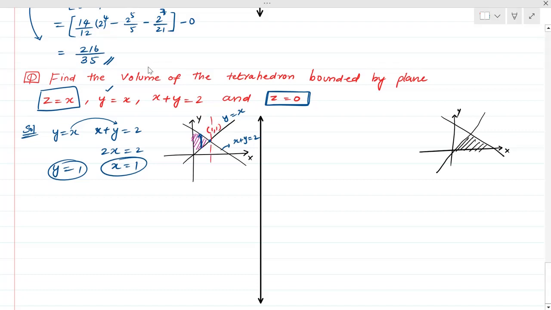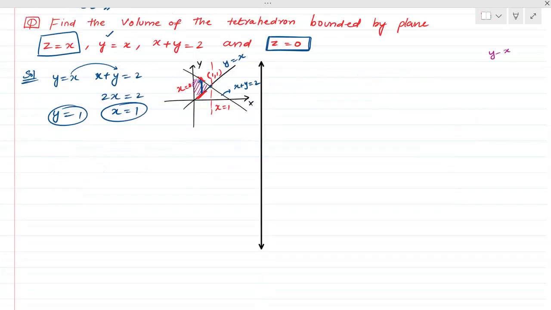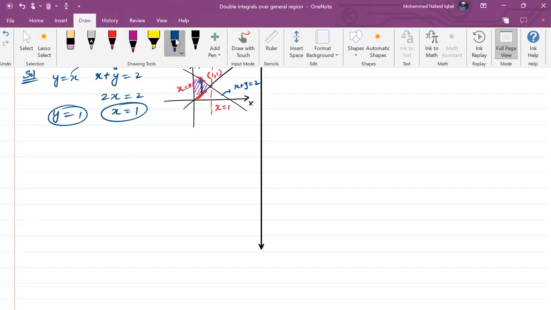So this line is the x equal 1 line, and on the y-axis x equals 0. So I have to take it from this line to this line. In this we will calculate the x and y limits and then substitute the value.